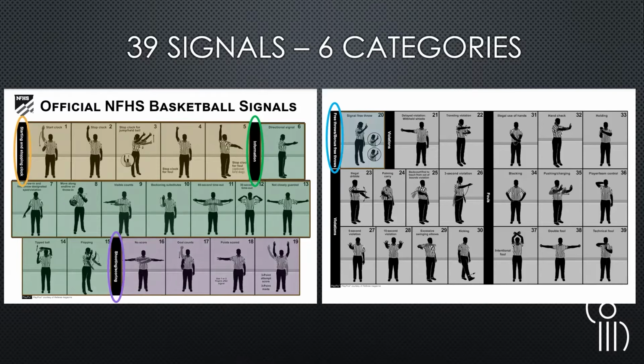One signal is the new category for the free throws, violations, and then we've got our fouls. All the signals are important. I would say the fouls are probably the most, then maybe the violations, but they're all important. We use almost all of them all game, so we have to know what each signal is.